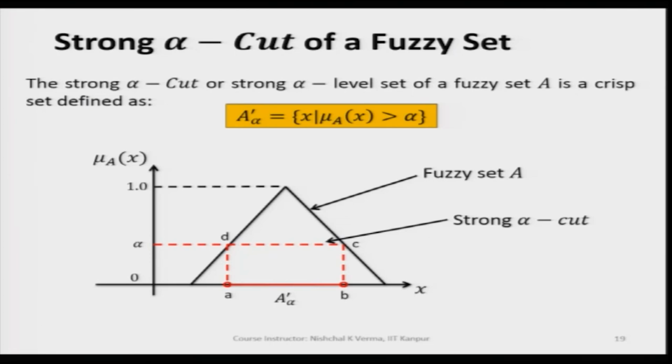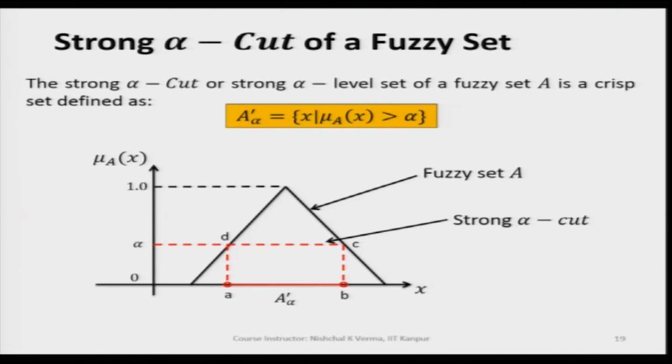Now, we have another nomenclature that we use here, which is the strong alpha cut. If we are interested in finding a strong alpha cut, everything remains the same except the equality goes away.